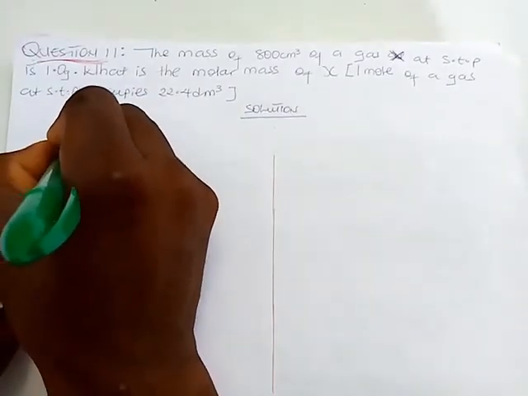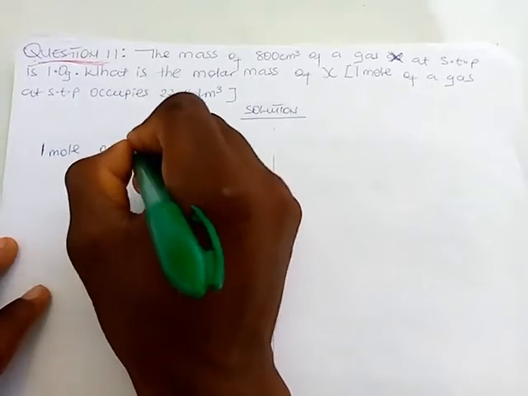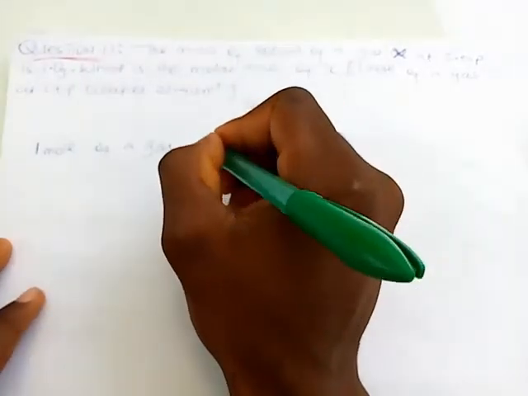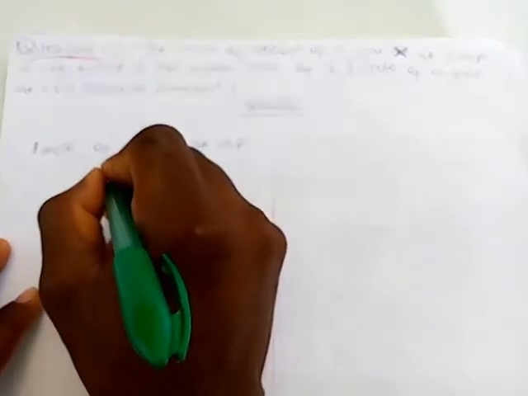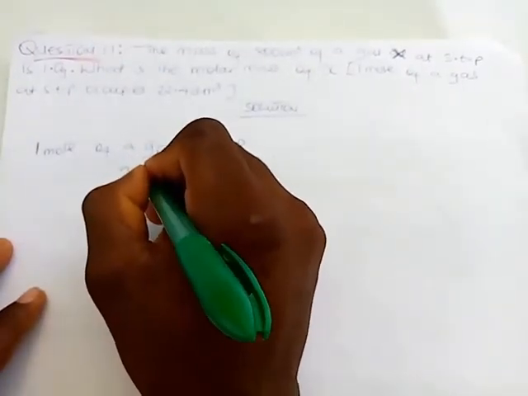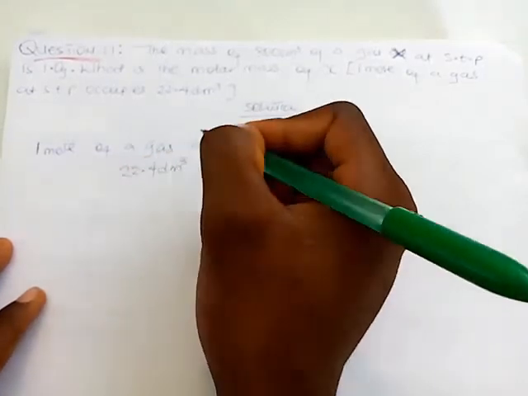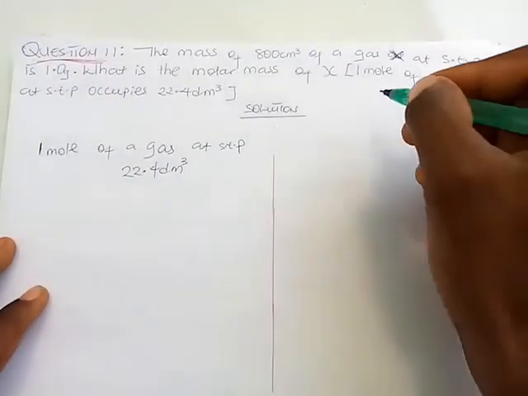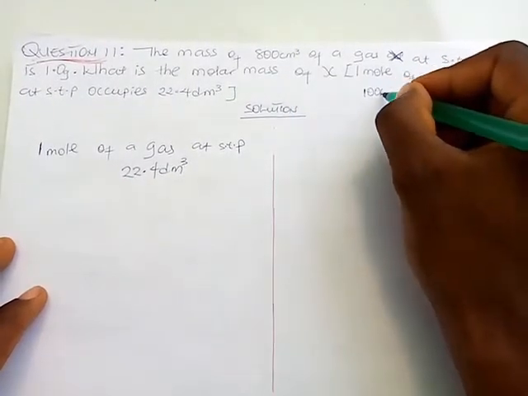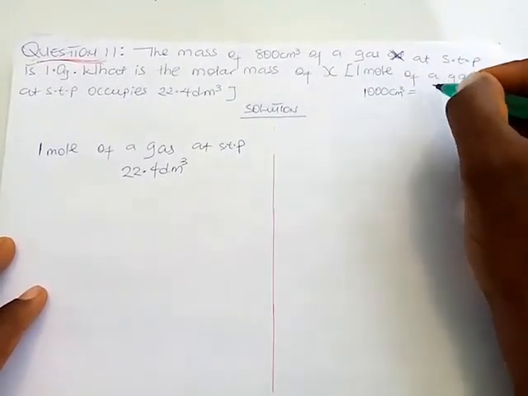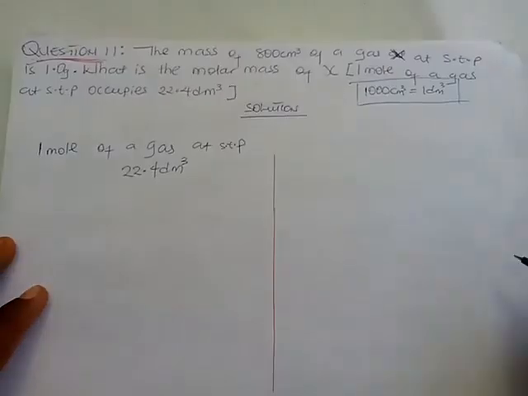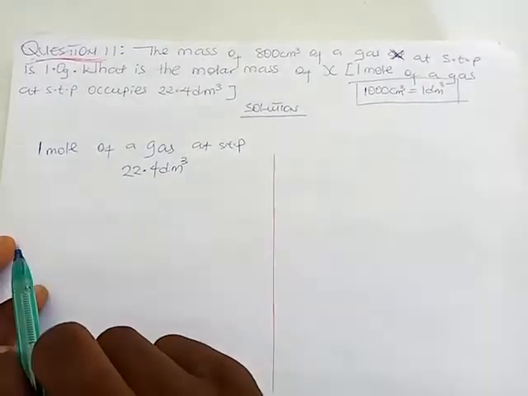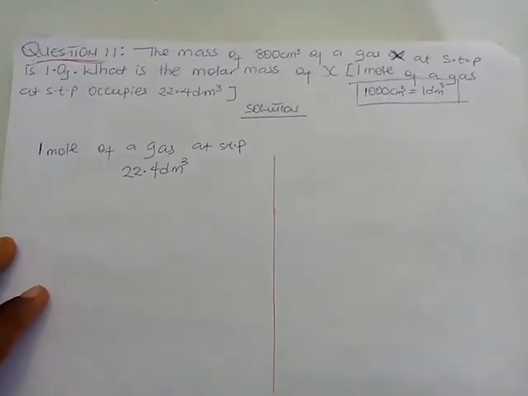We have that 1 mole of a gas at standard temperature and pressure occupies 22.4 dm cube, which is equal to, we know that 1000 cm cube is equal to 1 dm cube, so this is equal to 22,400 cm cube.